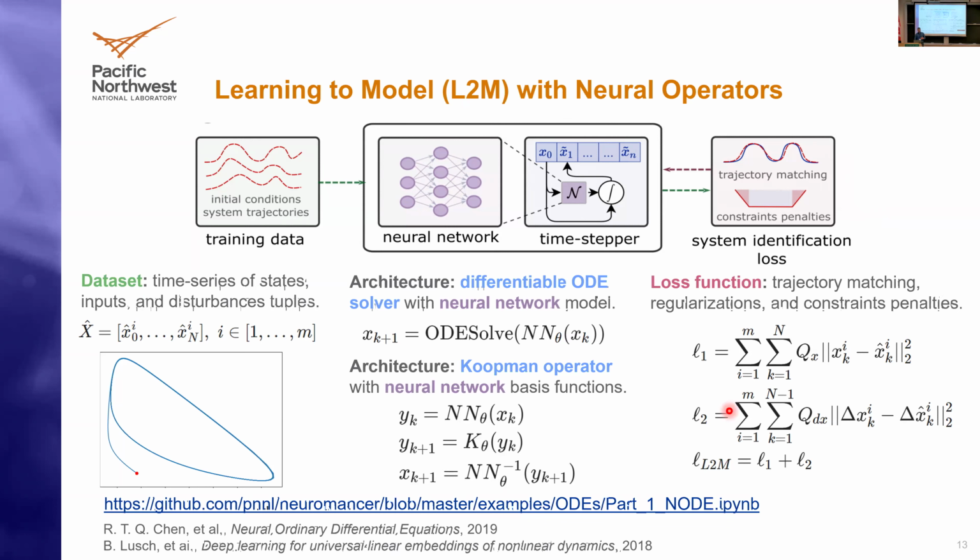You are using standard loss functions in system ID, like matching the trajectories. You can do finite differences to approximate the first order gradients if you have non-noisy data. And all sorts of additional regularizers that act, again, as some kind of soft constraints.